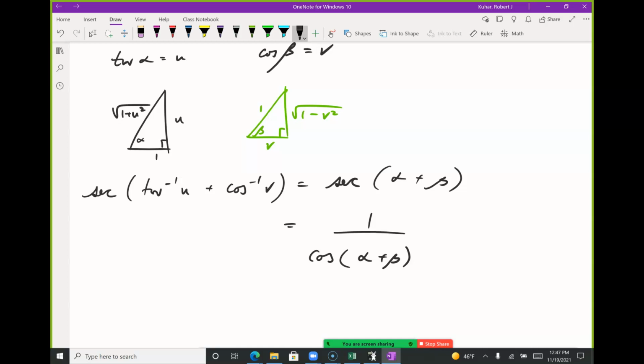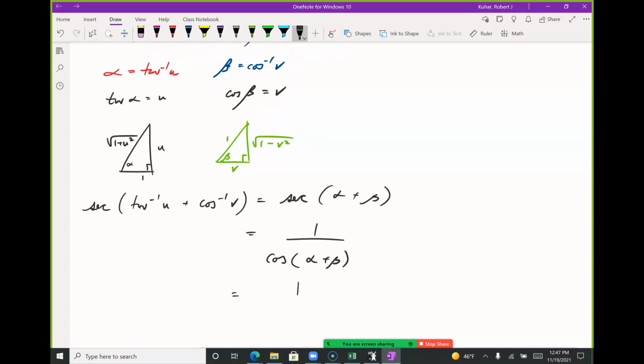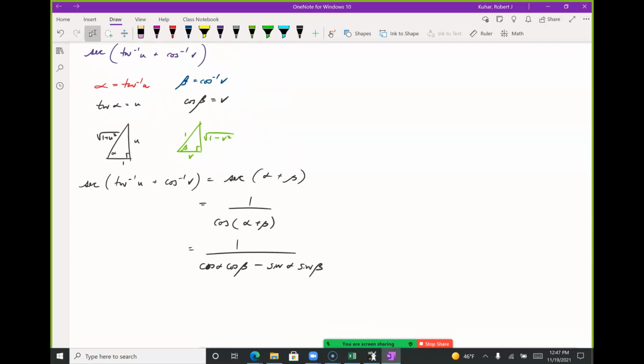I think in cosines. So I have to use my formula for cos of alpha plus beta here, which is cos of alpha, cos of beta, minus sine alpha, sine beta. I have done so many problems, maybe 17 million in the last 30 years, that I have it memorized, right? So I'm going to get cos of alpha and cos of beta from my triangles. Same thing with sine of alpha, sine of beta.